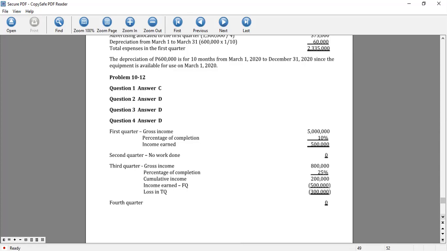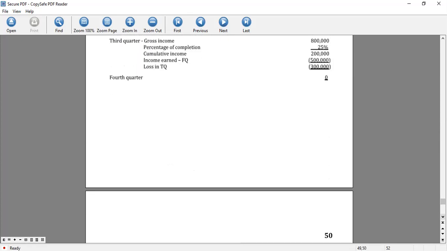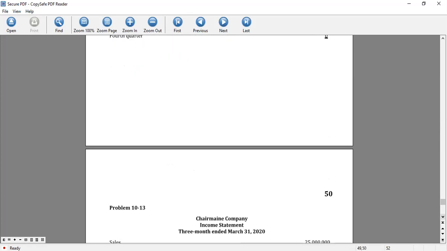It's a loss because in the first quarter you have reported 500,000, but the cumulative income up to the third quarter is only 200,000. So already you have a negative result. For question number 3, the amount to be reported is a loss equal to 300,000.